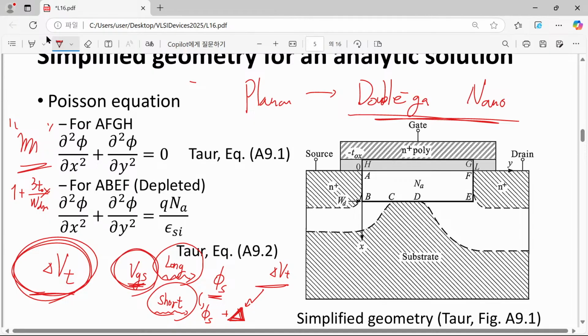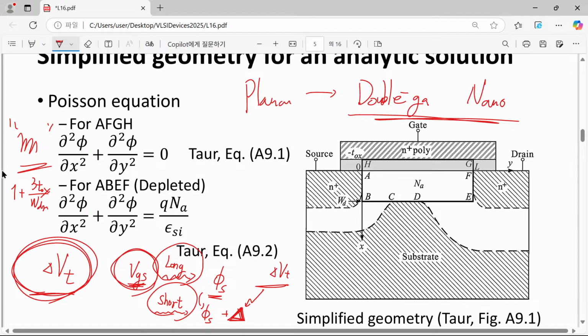For example, let's say this is 1.3. It means that although we have changed our gate voltage by an amount of 0.13 volt, the surface potential change will be just 0.1 volt, because the additional 0.03 should be used to change the substrate capacitance. Okay, so we have to be a little bit careful.